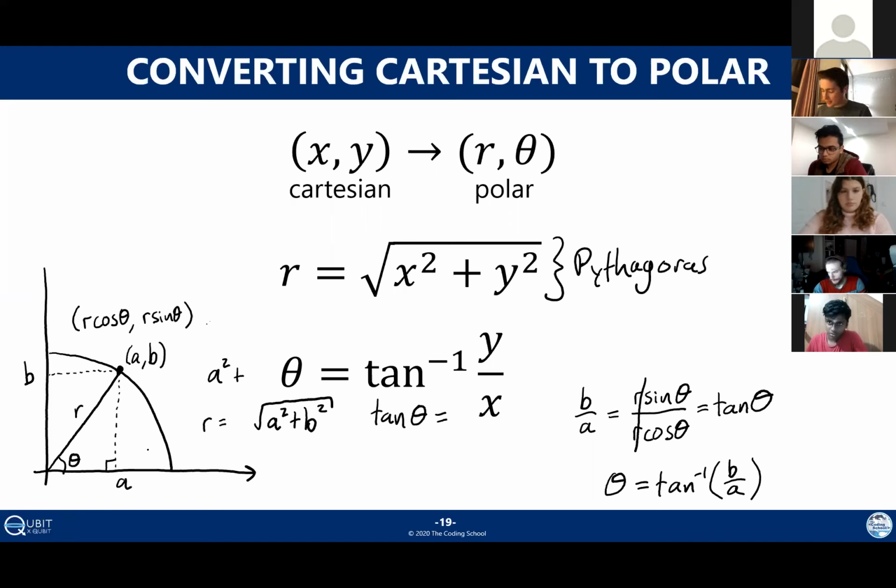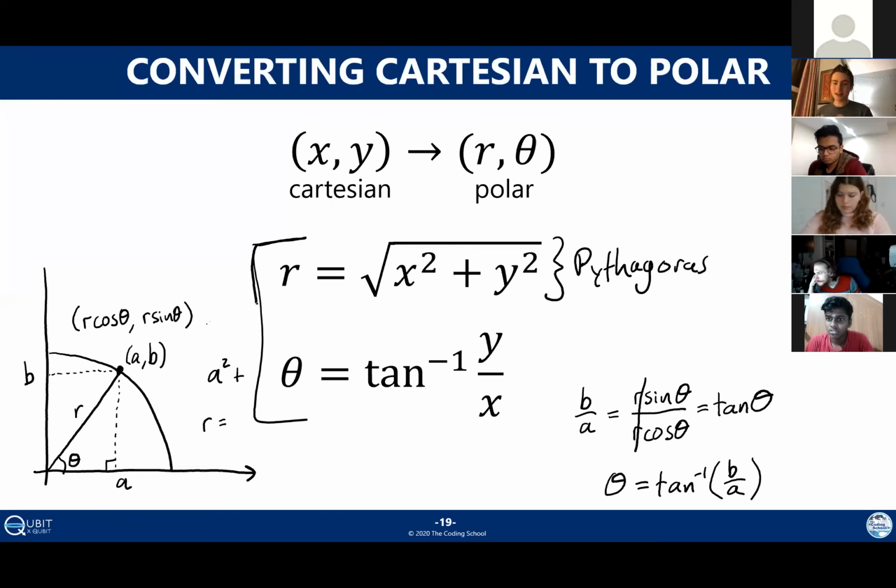So at the end of the day, it's certainly nice to know how you derive all of these things. But for the purposes of the homework assignment, all you really need to know is these two formulas, because on the homework, you're going to be asked to convert from Cartesian to polar coordinates. As much as these derivations might have seemed complicated, the reality is that converting between coordinate systems is actually really easy.